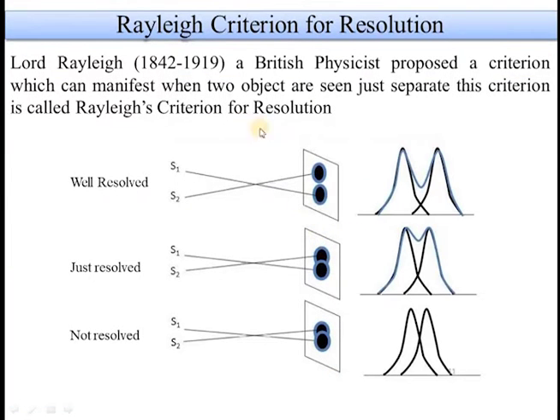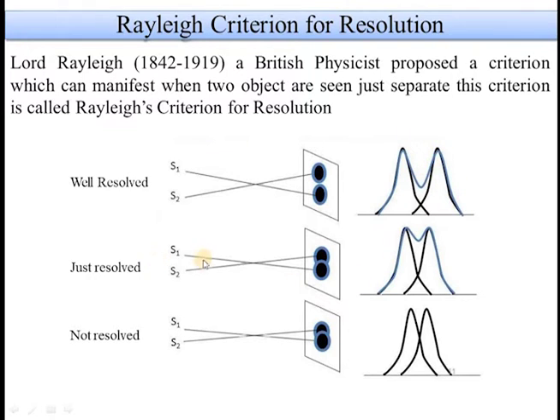And there is a criterion that was put forward by Rayleigh, a British physicist, to manifest the limit of resolution of two objects that are very close to each other. Two images are said to be well resolved if the waves representing them are not much overlapping, there is a gap.